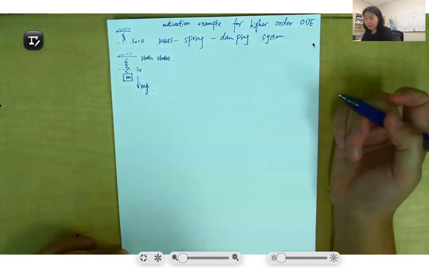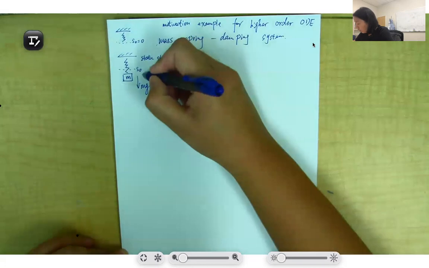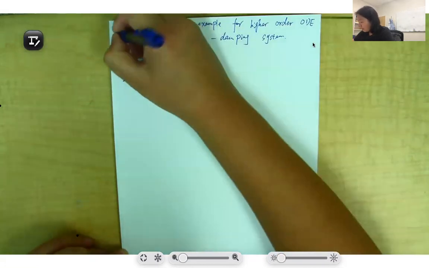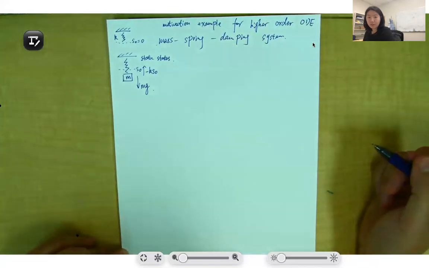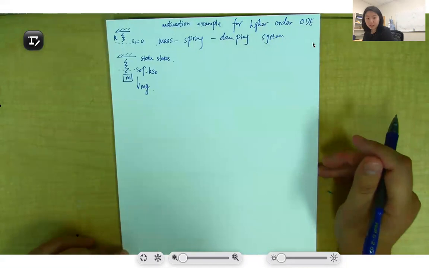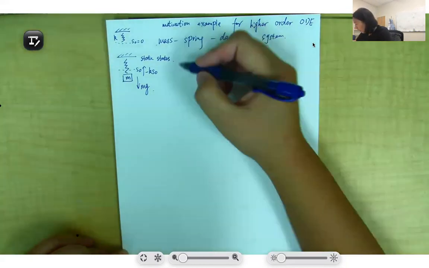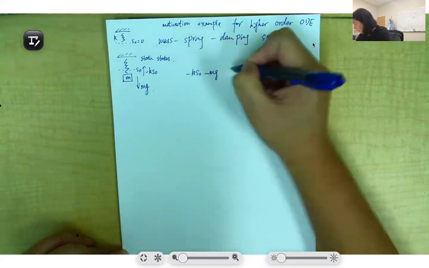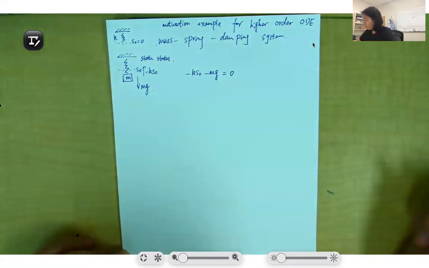The other is the spring force, which is minus k s0. The k is the spring constant. If you write a force balance for the subject, we can write minus k s0 minus mg equals 0. So that is our equation 1.